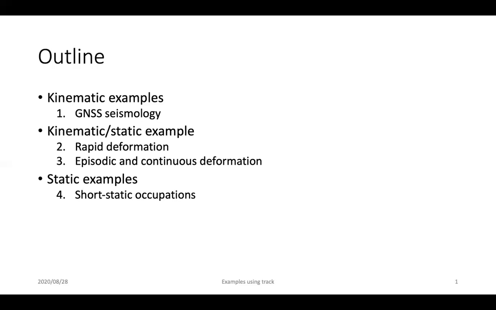We can actually use Track, even though it's a kinematic module, to calculate a static position in that case. And we will also look at deciphering interference in an antenna. So for example, if you have an antenna that has been moved and you didn't know exactly when it was moved, then we could look at epoch by epoch Track processing to identify the time of disturbance.